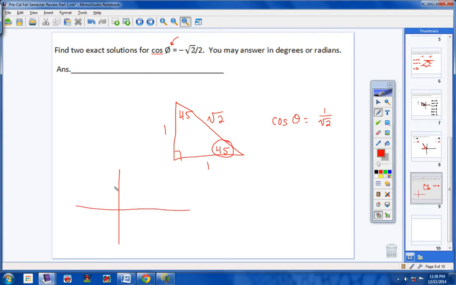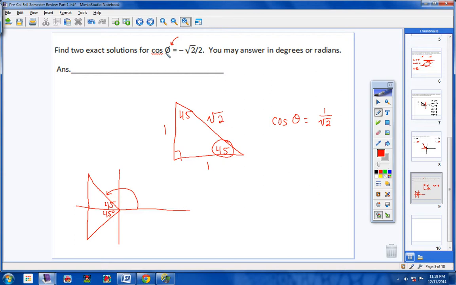Cosine is negative here and here. So there's my two quadrants. So I'm going to put a triangle here and a triangle here. And then on the inside, I'm going to put my angle that I already figured out was going to help me, and that's 45 degrees. Okay, so really, I'm going to start here and go to the hypotenuse. I get 135.